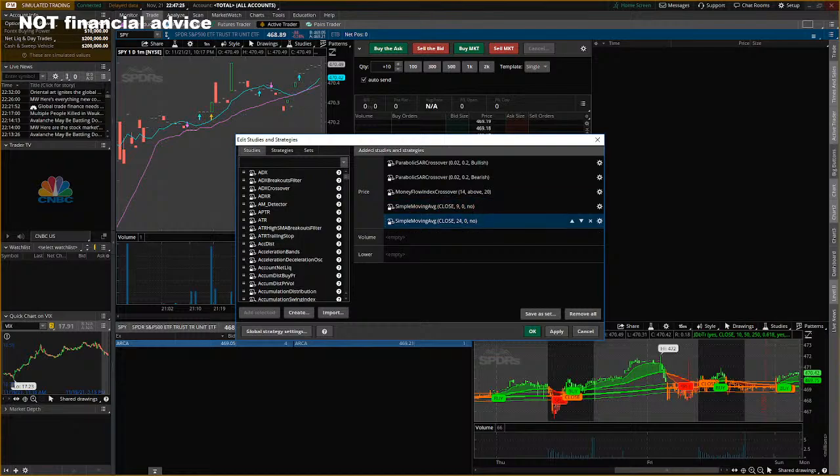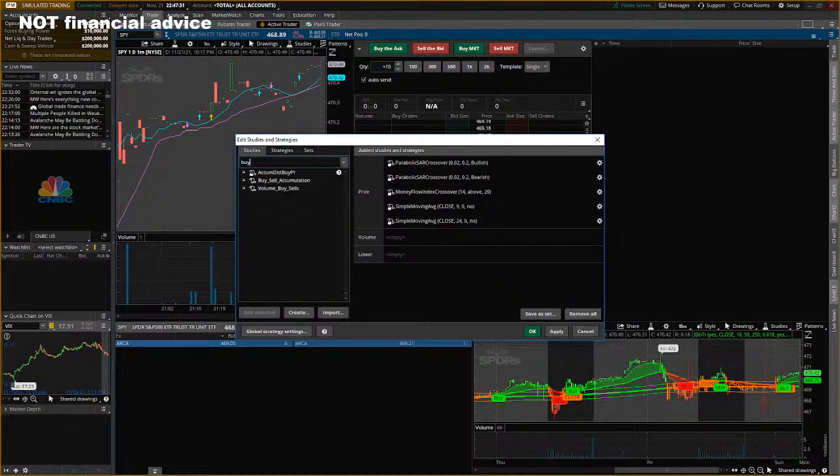These are fine. I do need to add the volume buy sells, and what I do is I stack them both on the volume. I just find that it's easier visually.